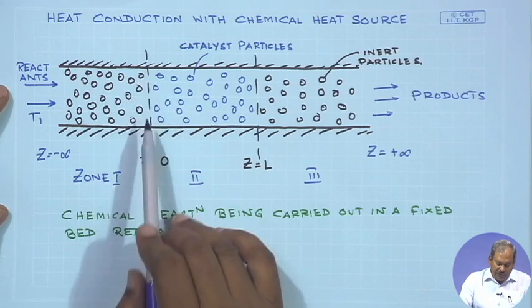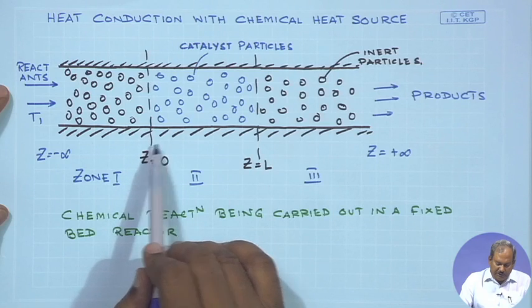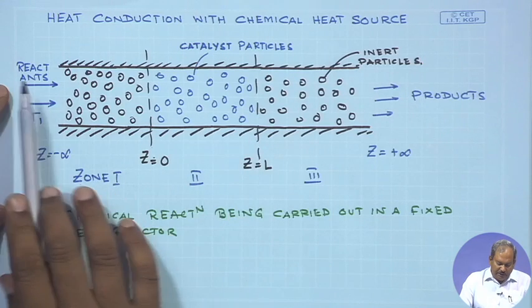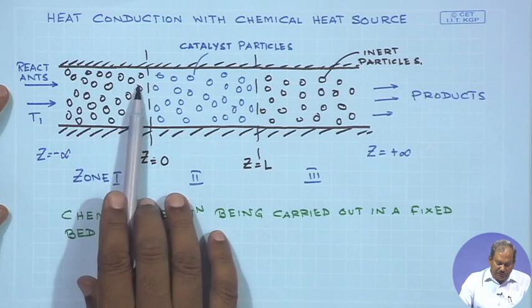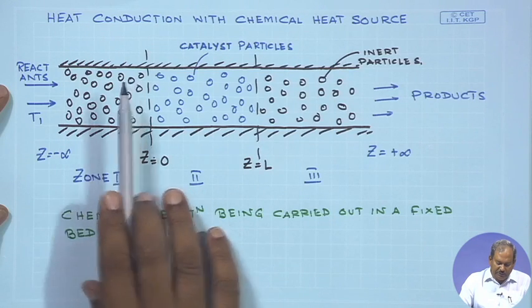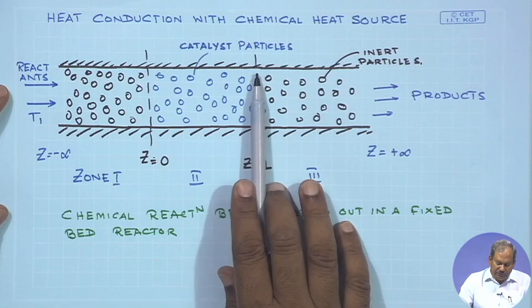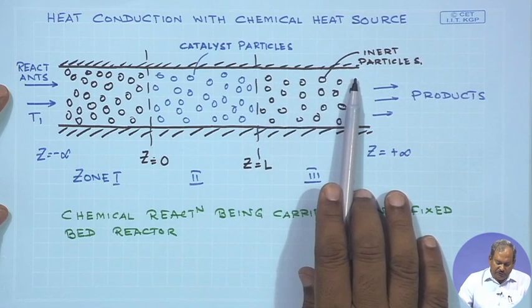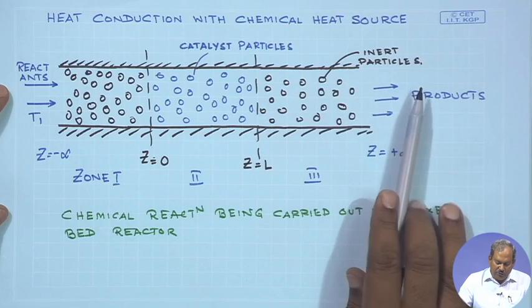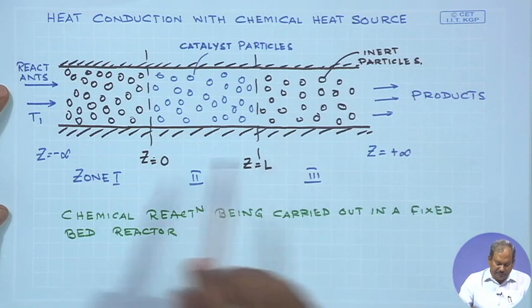So, we have a reaction that is taking place from z equals 0 to z equals L, and the reactants come through a section of the reactor in which no reaction takes place, and then once the reaction zone is over, the products would travel through a similar reactor, but without any reaction, and go out of the reacting system.